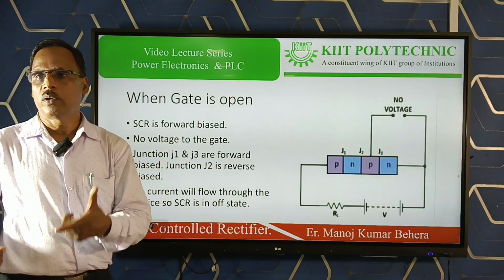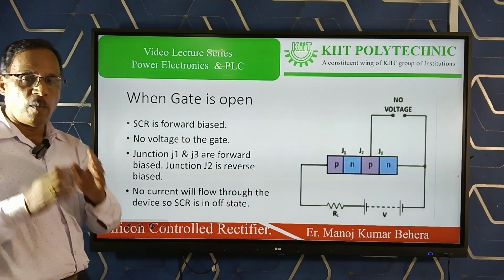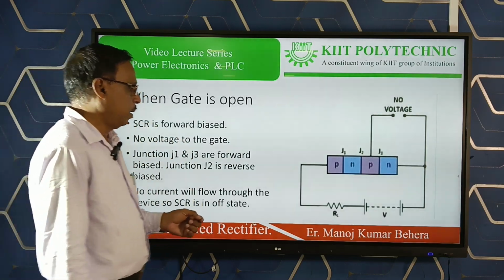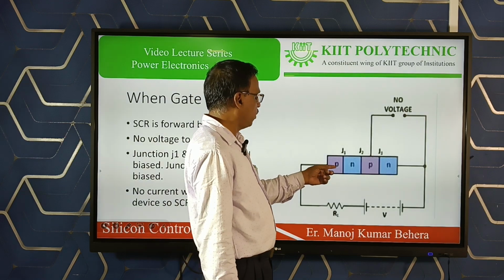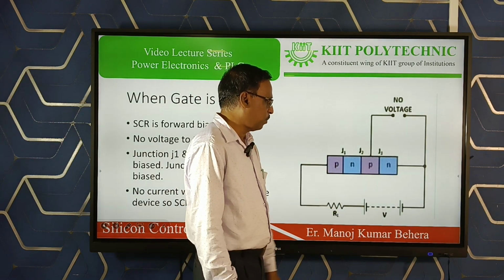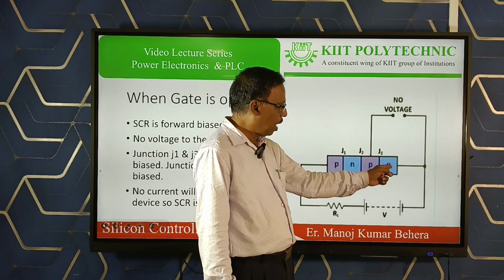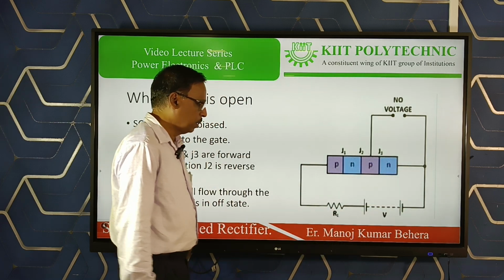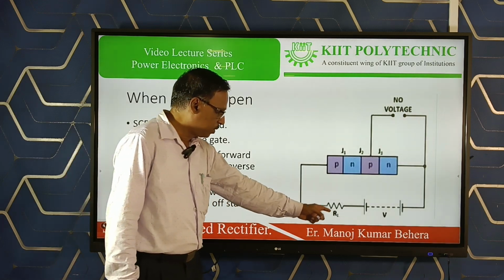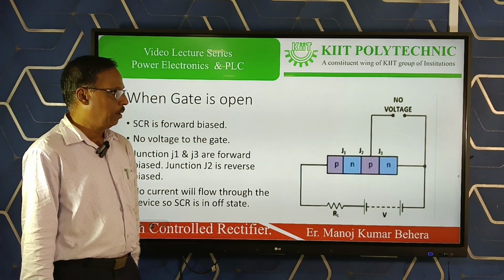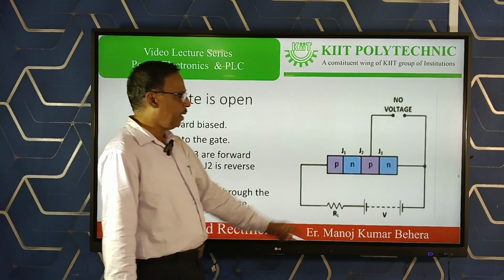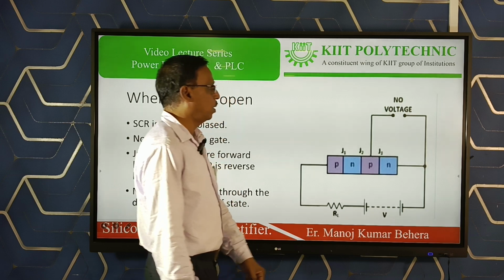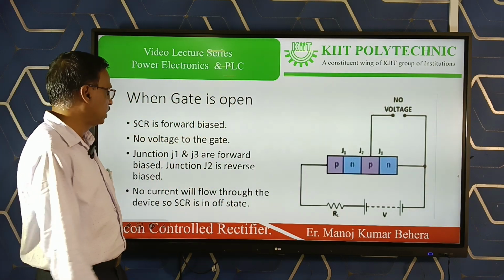In this slide I am going to explain the operation of the SCR when the gate is open circuited. See here, the anode, the outer P terminal, is connected to the positive side of the supply. The outer N, that is the cathode, is connected to the negative side of the supply. Load R1 is connected in series with the anode, and no voltage is applied between gate and cathode, which means the gate circuit is open circuited.